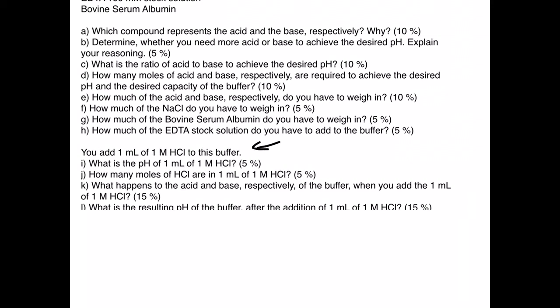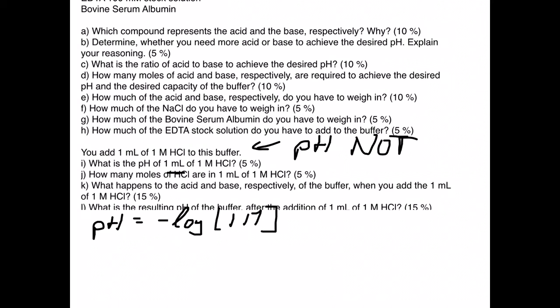So we have 1 milliliter of 1 molar hydrochloric acid. So what is the pH of 1 milliliter of 1 molar hydrochloric acid? Now pH does not depend on the volume. That's something that a lot of people went wrong with. So for the pH, all we need to do is pH is negative log of the concentration of the acid, and that is 1 molar.